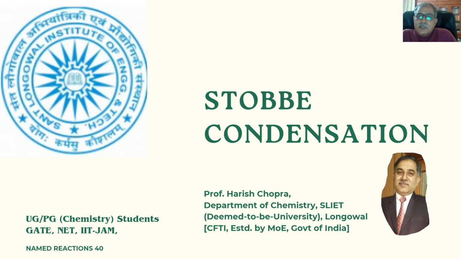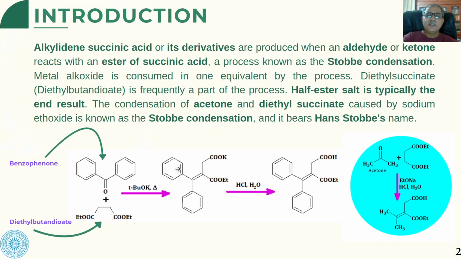Dear students, this is our 40th lecture on named reactions, and in this lecture we will discuss the details of Stobbe condensation. Stobbe condensation is basically the synthesis of alkylidene succinic acid or its derivatives.